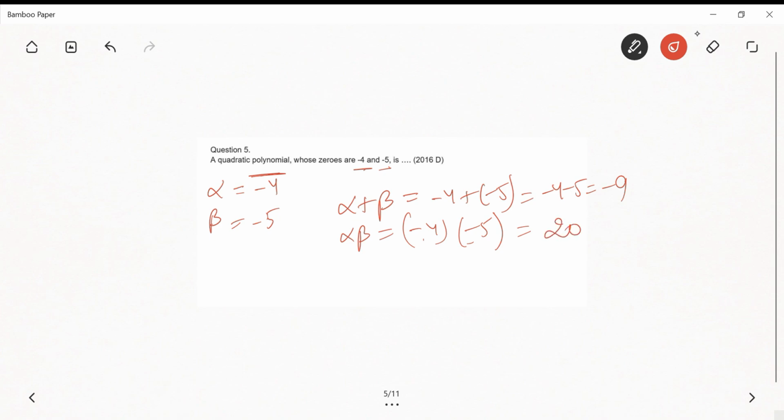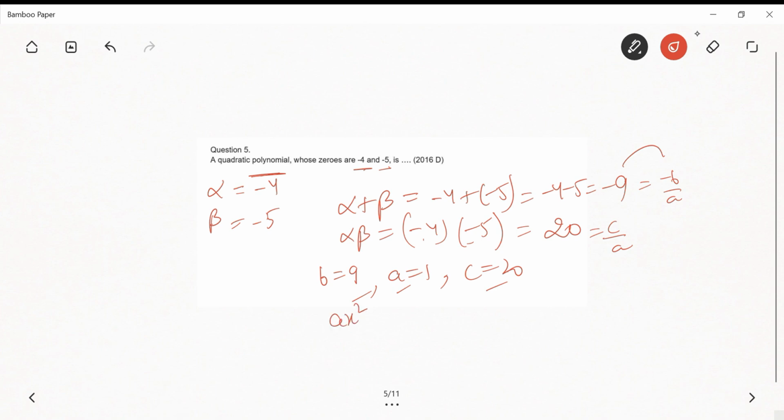Now again we will compare it with minus b by a, and that should be equal to c by a. If you compare numerator with numerator and denominator with denominator, you will get b is equal to 9, a is equal to 1 and c is equal to 20. Now we will put the values of a, b and c in the standard form of the quadratic polynomial.